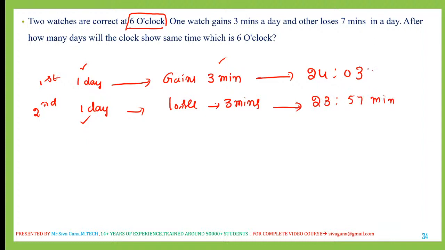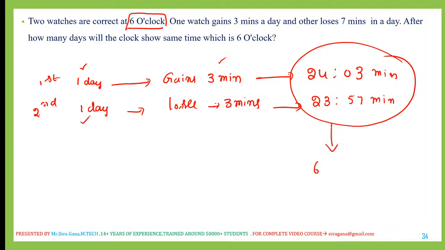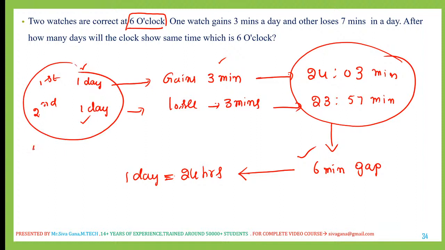Between these two clocks, 6 minutes is the time gap in 24 hours, which means 1 day.